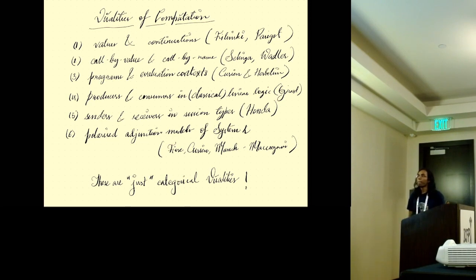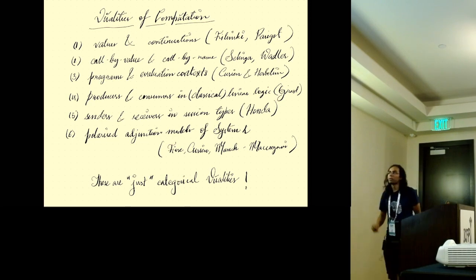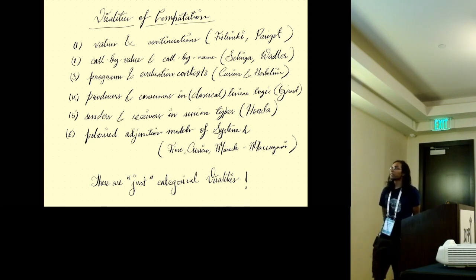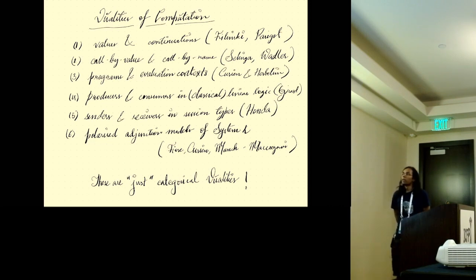And if you embrace classical linear logic, then there are different ways of reading A and A star, or A dual, as producers and consumers. Or if you think of linear logic as a logic of concurrency, then it leads to the program of session types, where Honda used these dual types to encode server client and dyadic interaction.